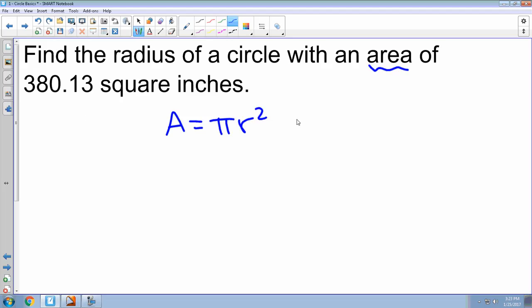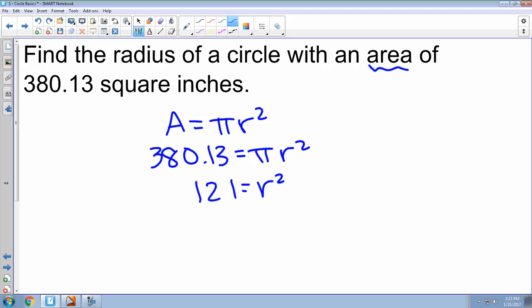Since there's only one area formula, you do not have to think as much about which one to use and debate like we did on circumference. My area equals pi r squared. Once you have that, you are again going to divide by your pi, and my r squared is equal to 121.